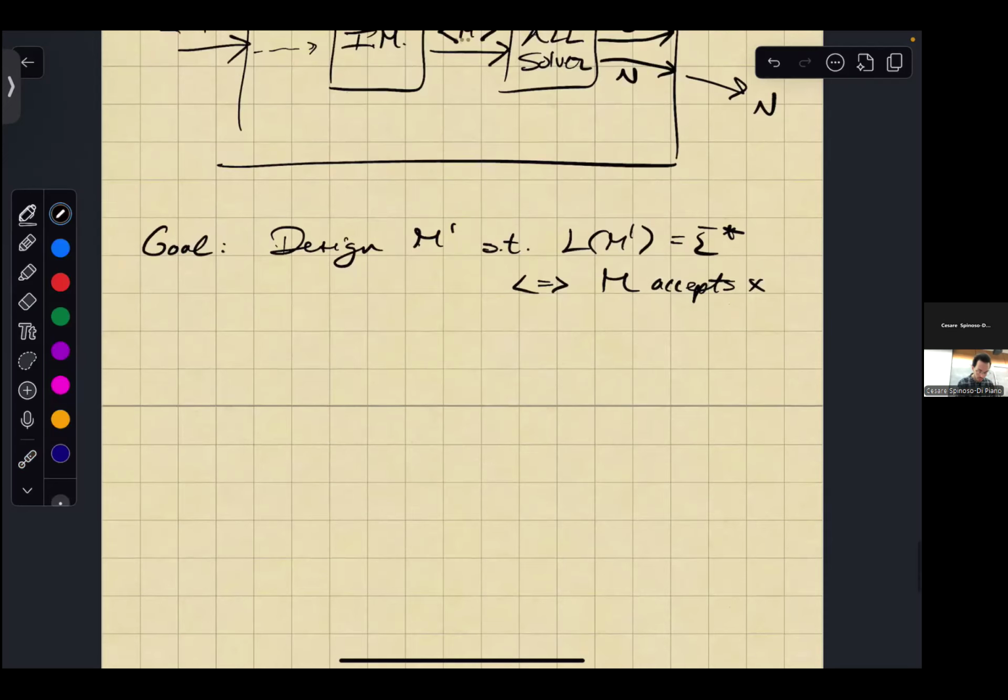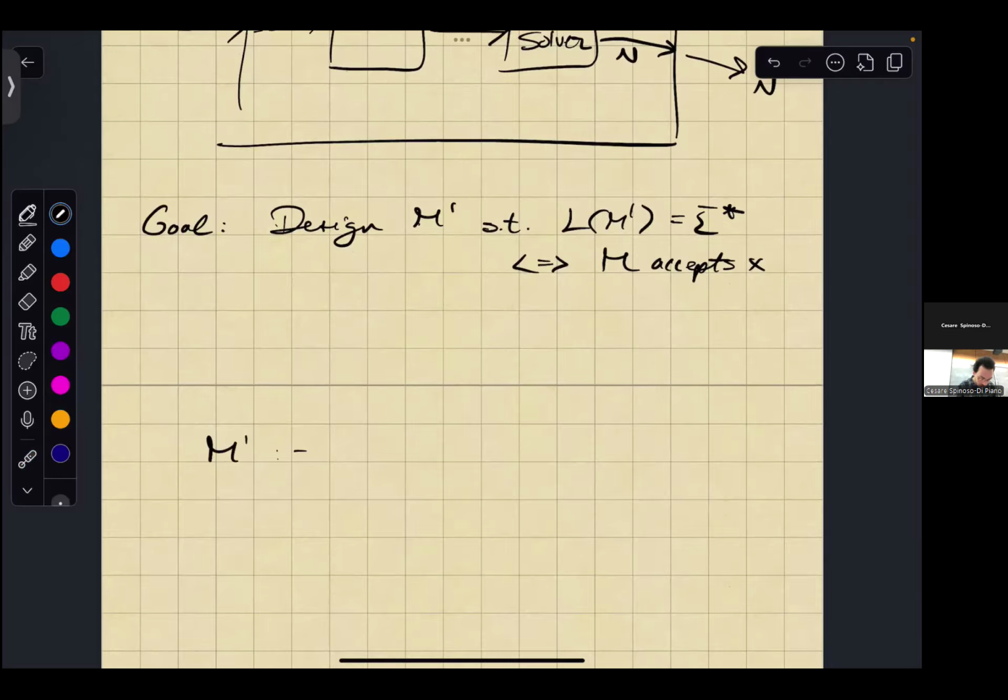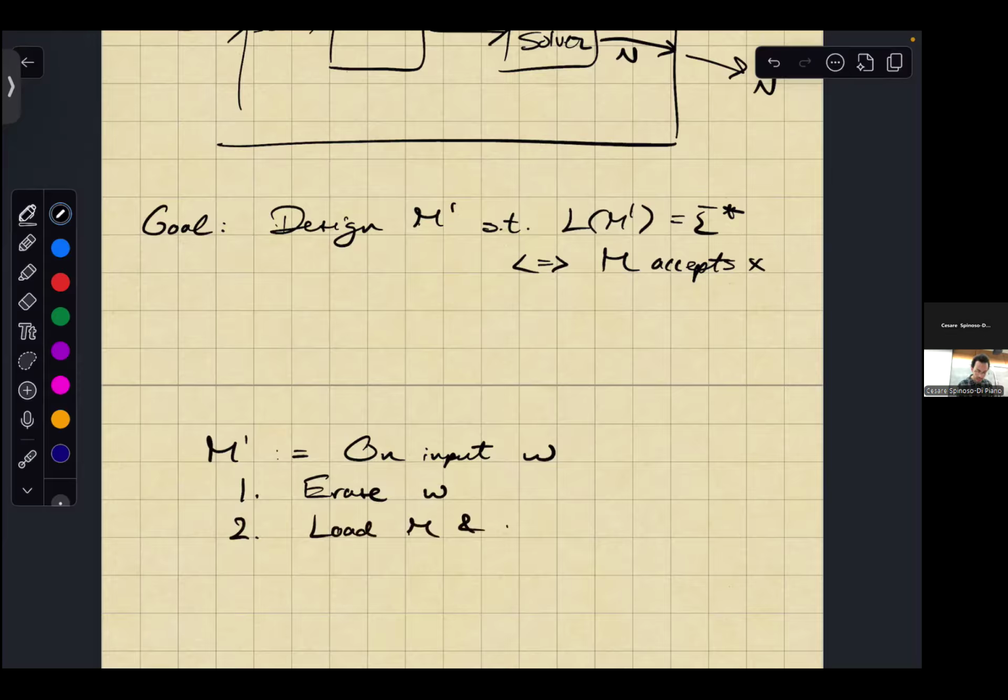So what is M prime going to look like? I'm going to use the syntax that I introduced before. M prime is going to take some input, let's call it W. The instance modifier is writing the code for M prime, and the first thing it tells M prime to do is erase the input it's given, so erase W, and instead load M and X onto its tape.